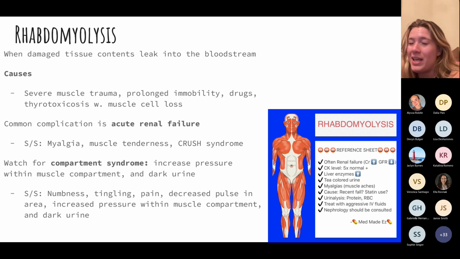Specifically, these patients are going to be at a 10 out of 10 pain. Even if they're maxed out on a morphine drip, they're still going to be in a lot of pain. And if you go to palpate the area, you're going to have a very hard time feeling a pulse. This is a medical emergency. Usually, I believe it's called a fasciotomy. The provider will have to physically cut the area to relieve all that pressure.